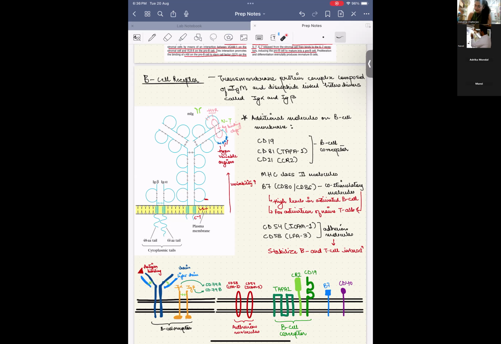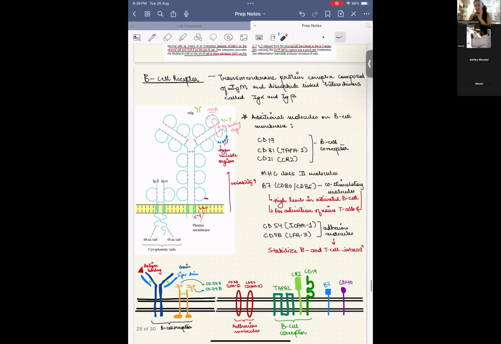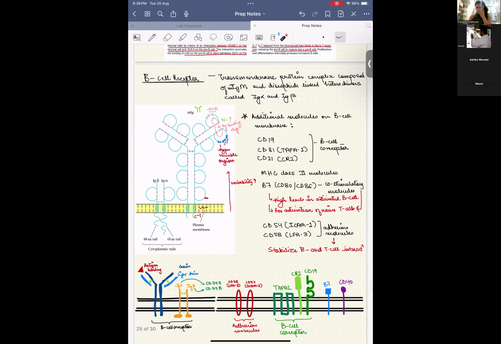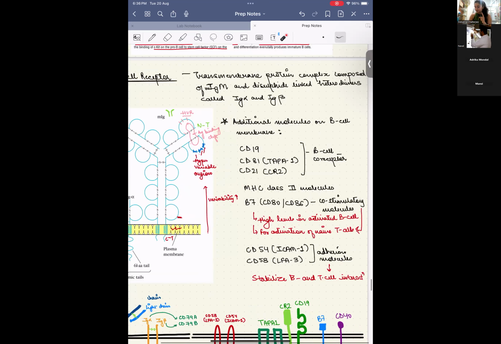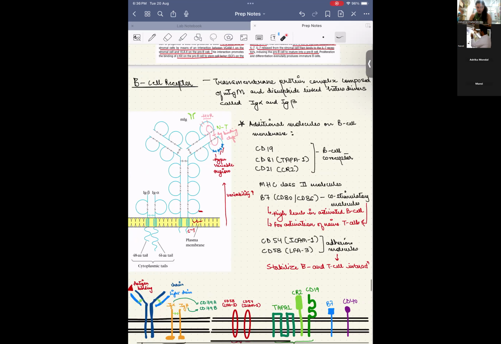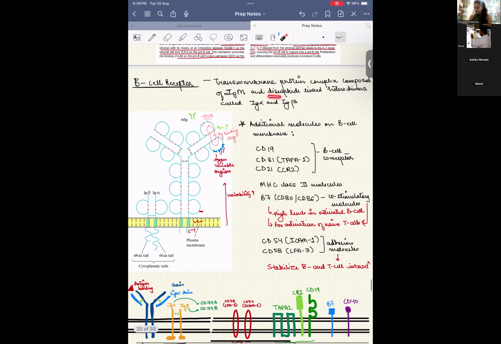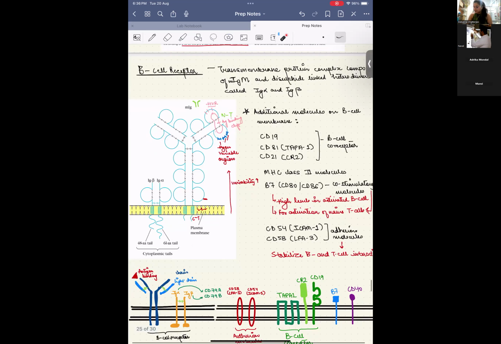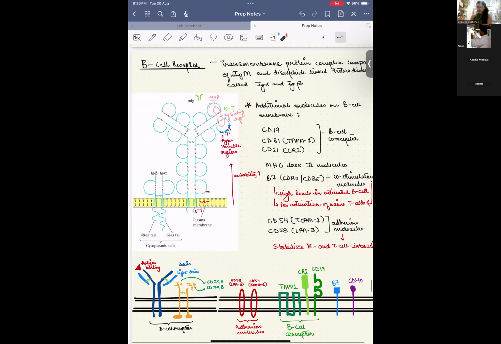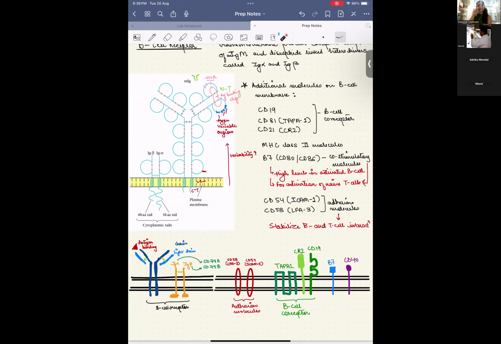So essentially your B cell receptors are transmembrane protein complexes, which firstly will be of the IgM type right here. And we will have certain disulfide bonds linking all these different polypeptides together, right? There are also some additional molecules present on the surface of the B cell membrane, and they are equally important.